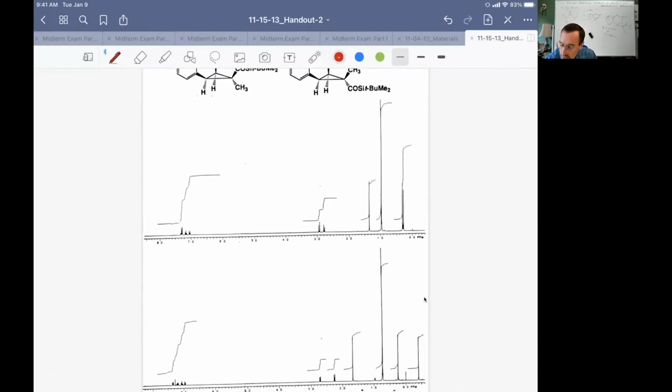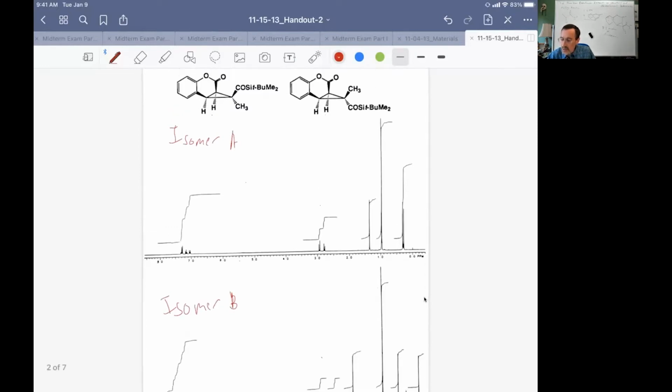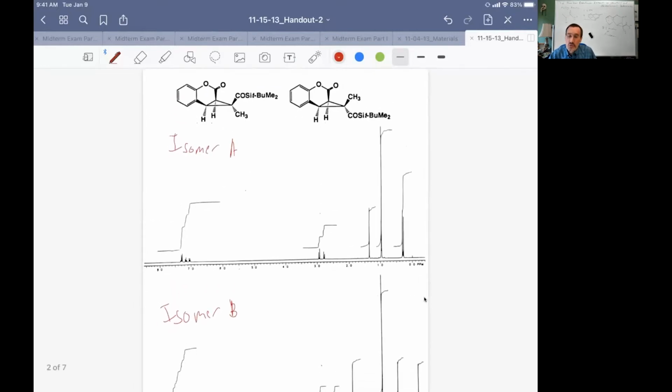We'll call this one isomer A and this one isomer B. To put it another way, I've drawn the two diastereomers on top, and I've shown the two spectra, but I don't know which diastereomer is associated with which spectrum. Now let's orient ourselves, first in the upper spectrum, the isomer A spectrum.